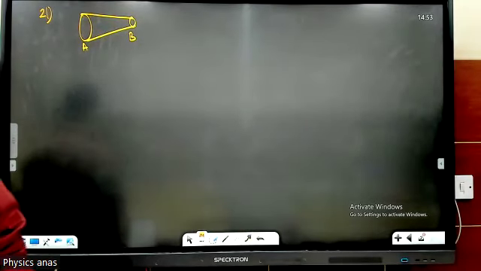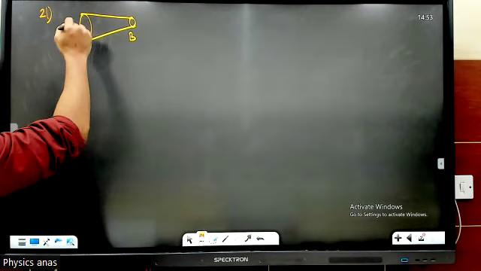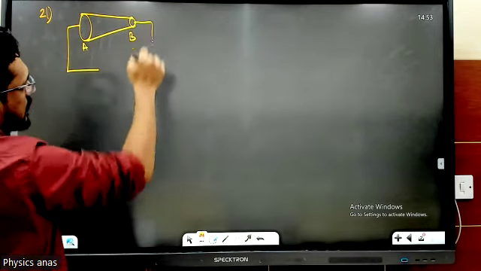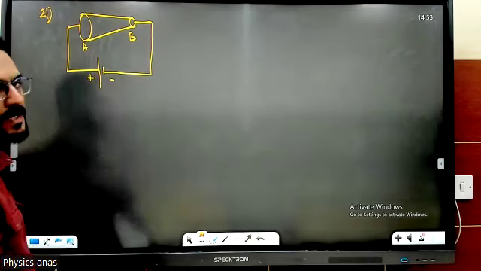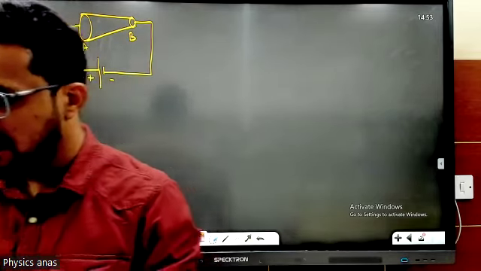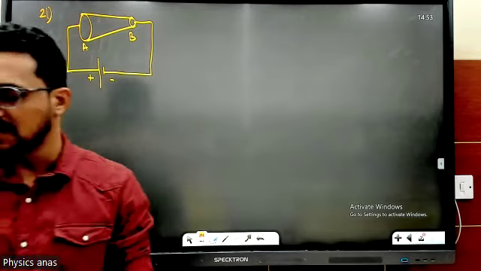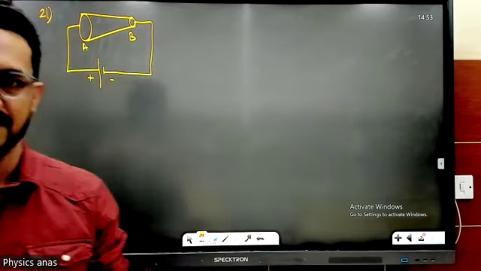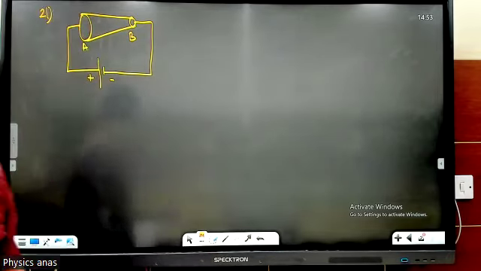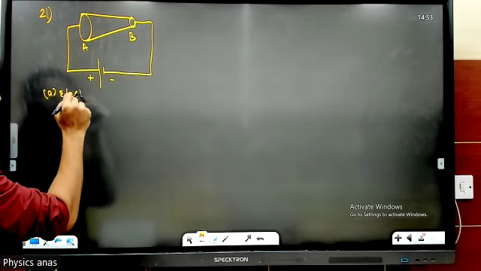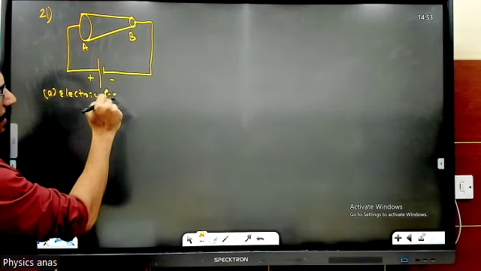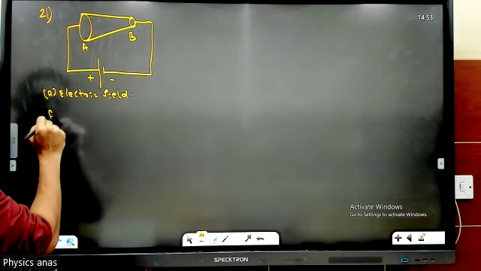It is connected across the terminals of a battery. What will be the effect on the value of some quantities? First, electric field. What will happen to electric field? That is the first question.